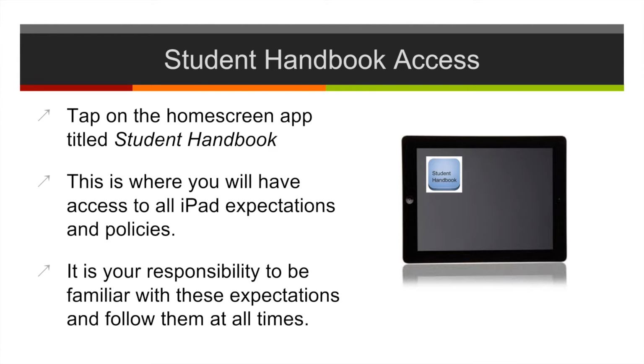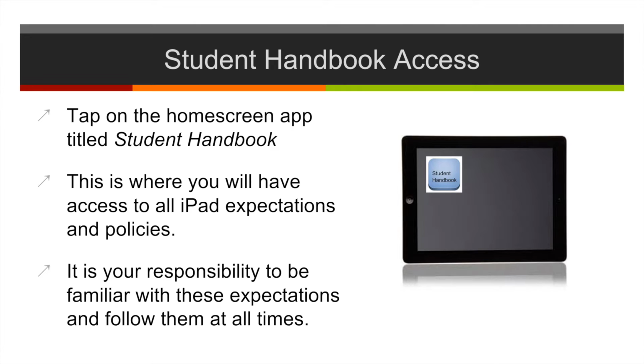So first of all, let's talk about how to access your student handbook via your iPad. In order to do that, you're going to tap on the home screen app. You do that by clicking on the home button at the bottom of the screen, and you'll see all the icons. One of the icons on the bottom of your screen is the student handbook icon, so you're going to click on that.